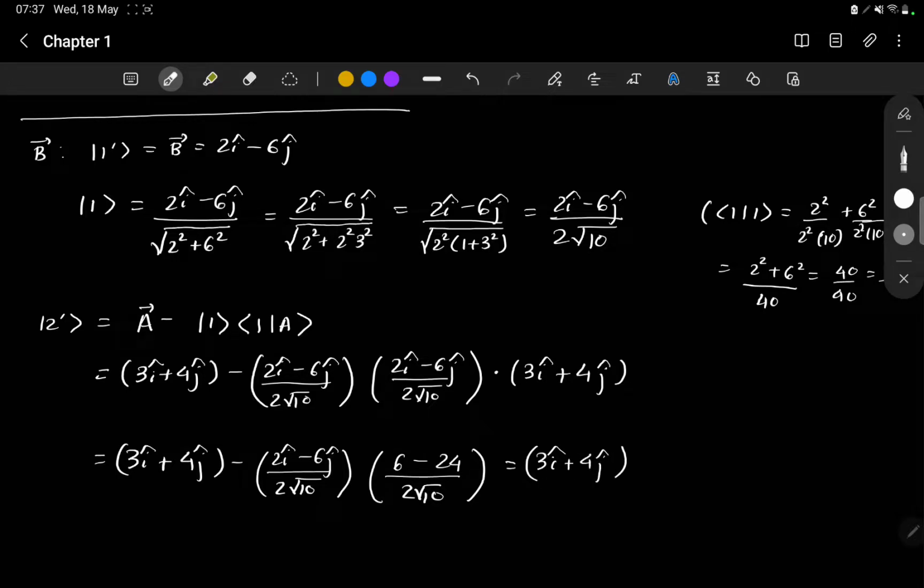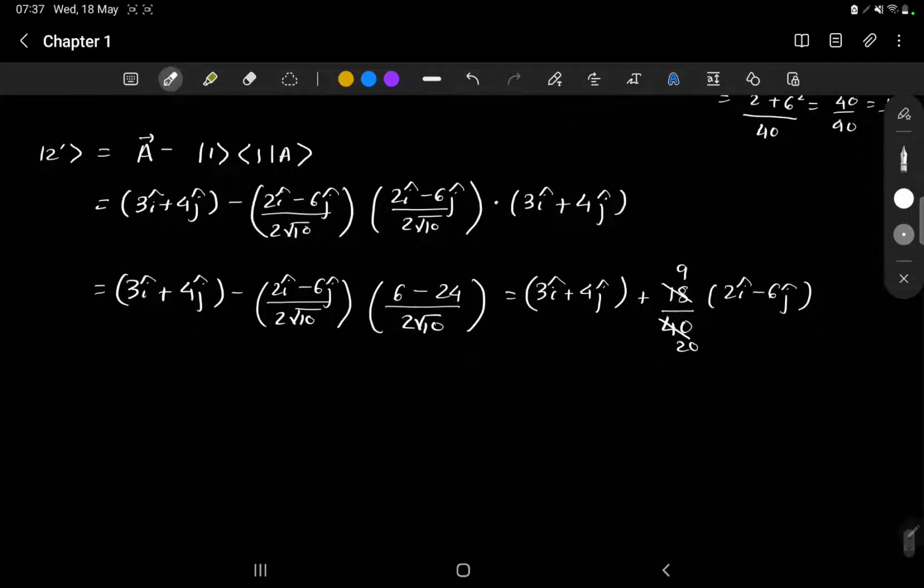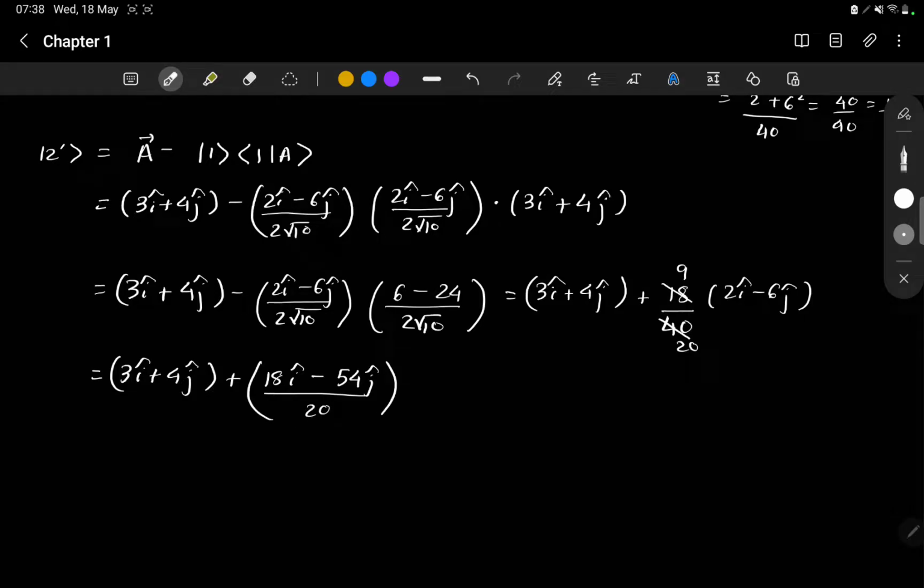I'm just simplifying it. So 6 minus 24 is minus 18, and this minus sign makes it plus 18. So let's take this 20 as the common denominator.